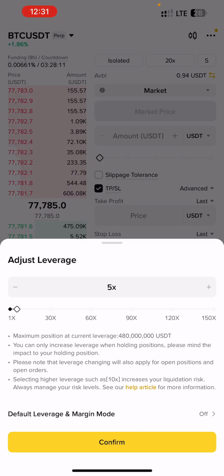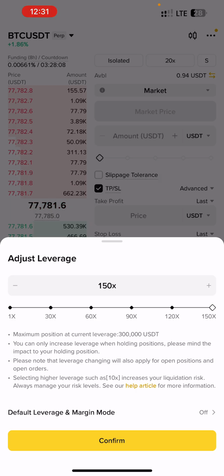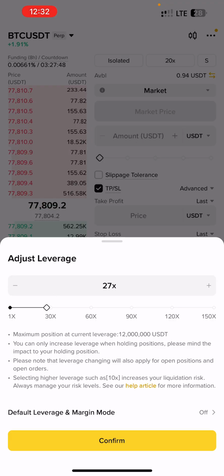If I'm using 150 leverage here and I open a position, I can easily get a higher percentage gain. At the same time, if the market goes against me, I will lose more money within a short period of time, just as it works on the winning side. So that is how it works.